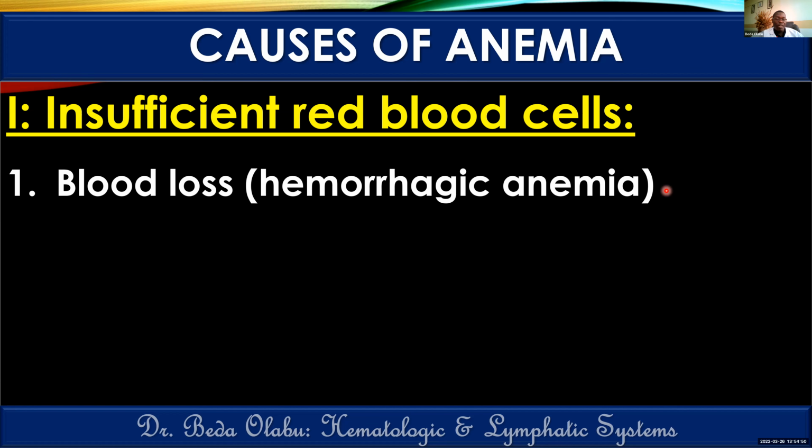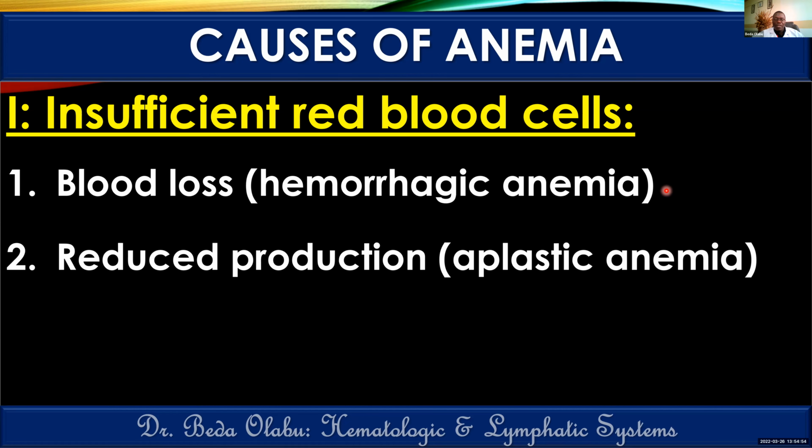So they lost red blood cells, and we call that hemorrhagic anemia. The reasons for the bleeding could be multiple, but either way they bled. Maybe it was trauma, or maybe it was childbirth, things like that.